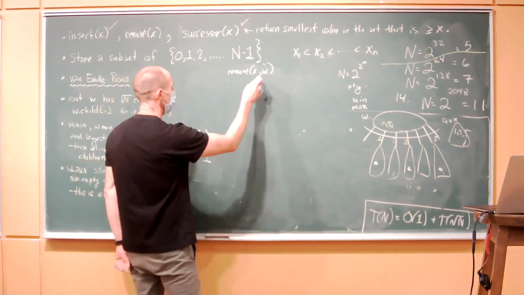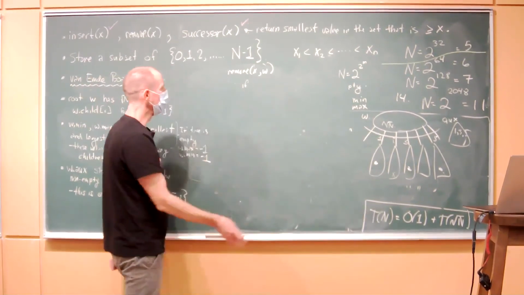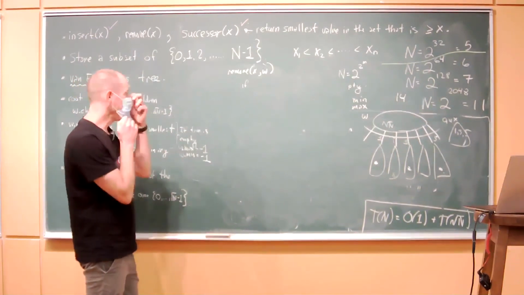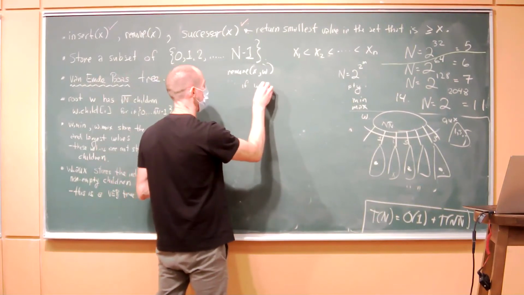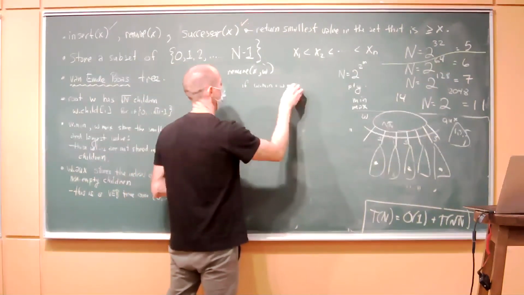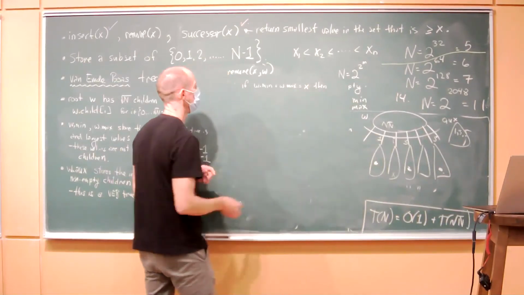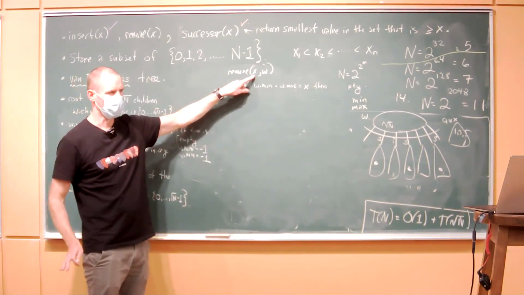And we can detect that if w, this whole tree, only has one value in it, and it's x, then that value is only stored at the root in the min and max. And we'll be lazy here and assume no one is asking us to remove something that's not there.